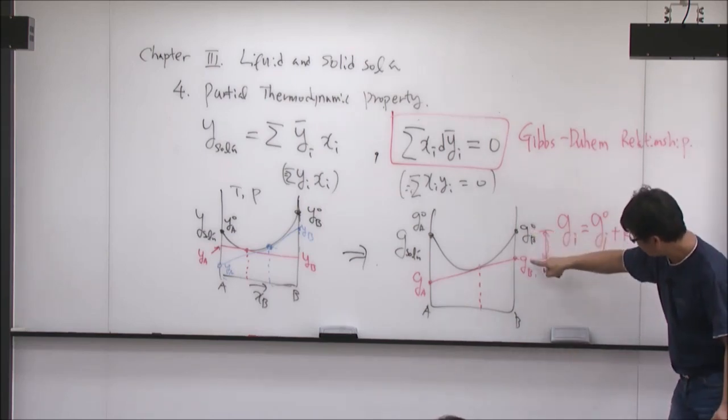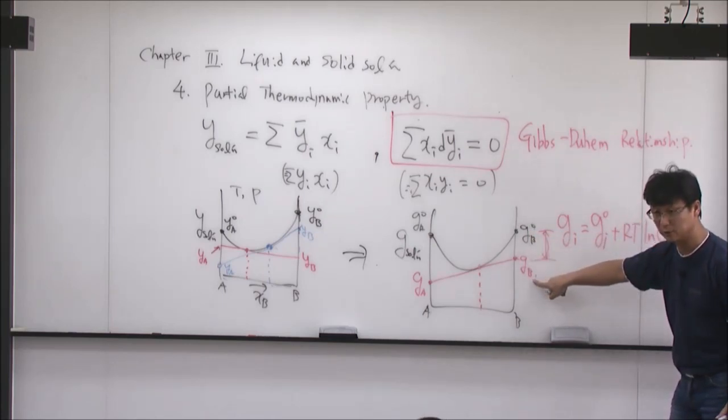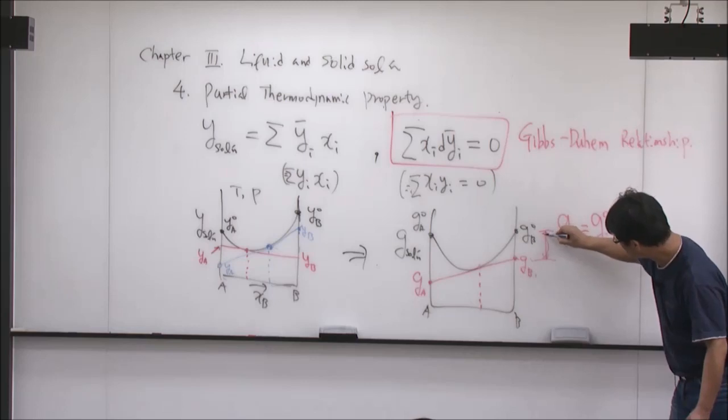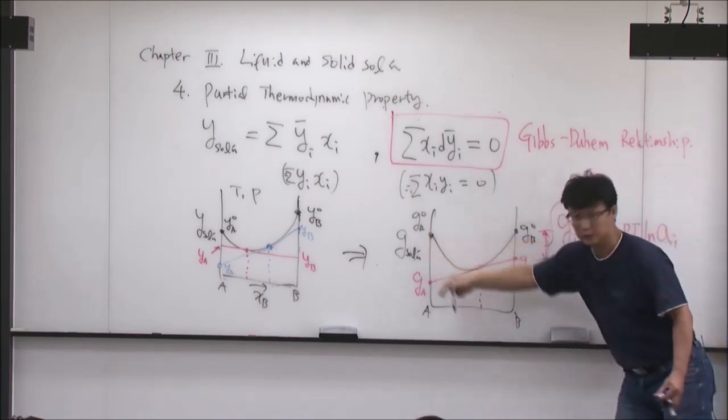This minus this amount corresponds to your partial Gibbs energy of B, so this difference is RT ln activity of B. Same thing for the other side.